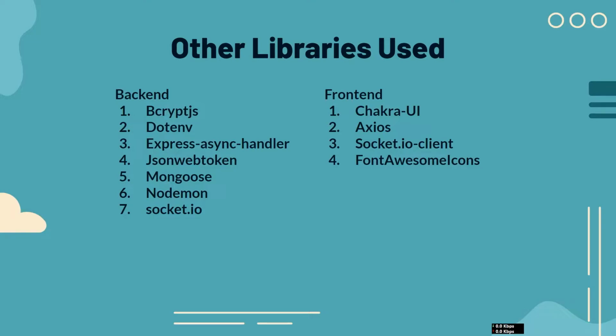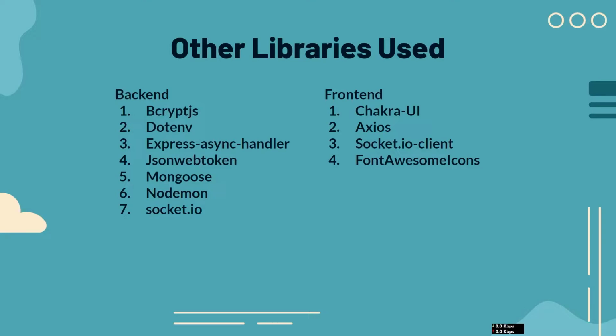In the backend, I have used bcrypt.js, which is a library which provides us with methods to encrypt the details. In my backend, the password field of the user has been encrypted, so the database administrator could not log in with his ID and chat with somebody else in his chats.